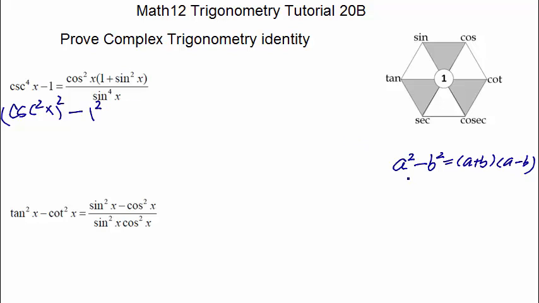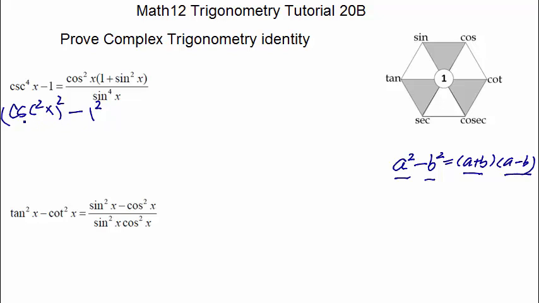So we can use this identity: a squared minus b squared equals a plus b times a minus b. This comes from grade 10 factoring. Okay, let's give it a try. Why do we think about this? Because cosecant square x minus 1 actually gives us something.